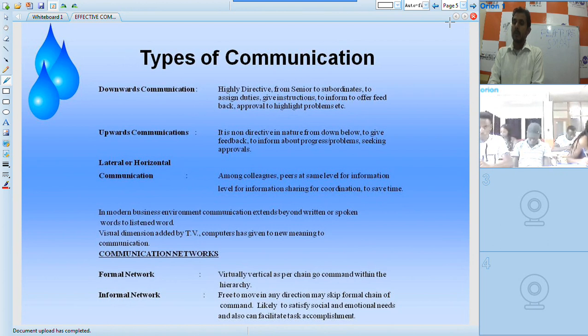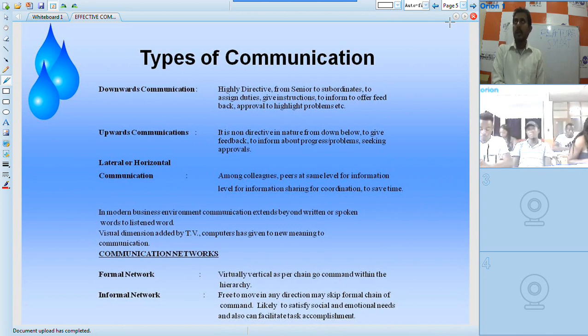Then we come to the communication network. The formal network is visually vertical, as per the chain of command within the hierarchy. These are the communications which follow the management system of the organization.